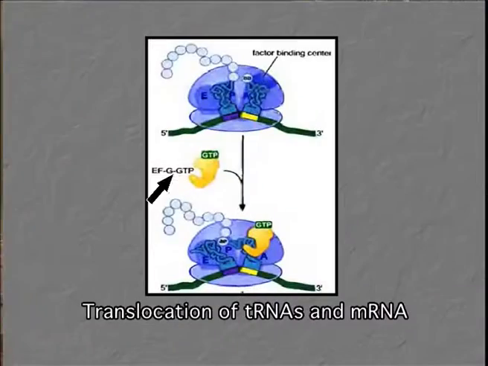In case of translocation, we see the involvement of another factor called elongation factor G, which also has GTPase activity. This translocation, meaning tilting of the tRNA onto the A site because of peptide bond formation, generates a space for the binding of this elongation factor G, GTP.